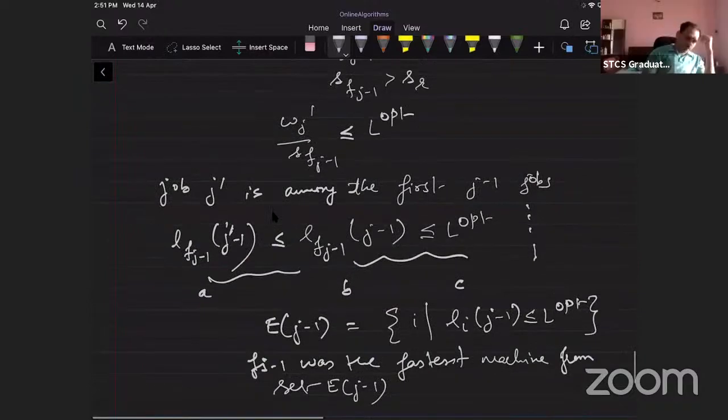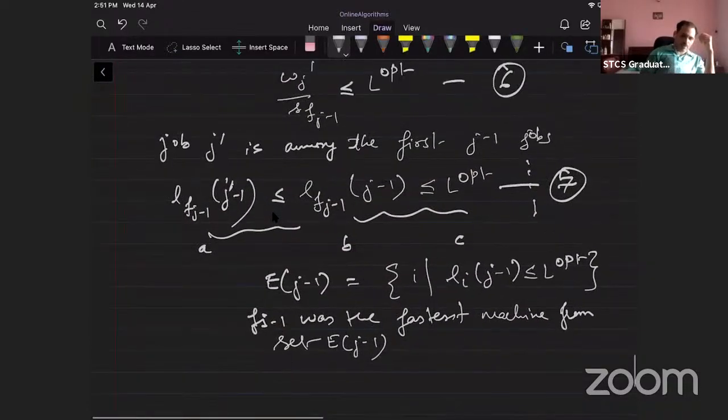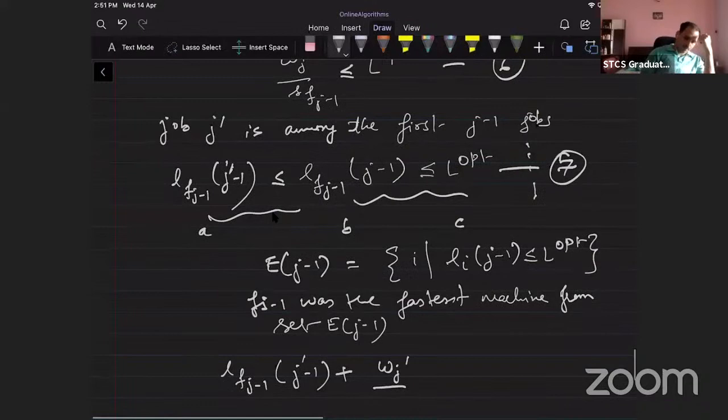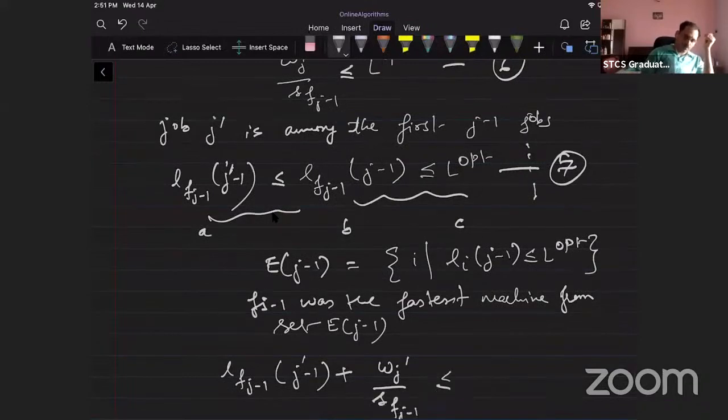So now we have 6 and 7. So what can we essentially do? We just combine 6 and 7. So now we can say L of f j minus 1 at j prime minus 1 plus wj prime divided by s of fj minus 1 is less than or equal to 2 times LOPT. This is just trivial.